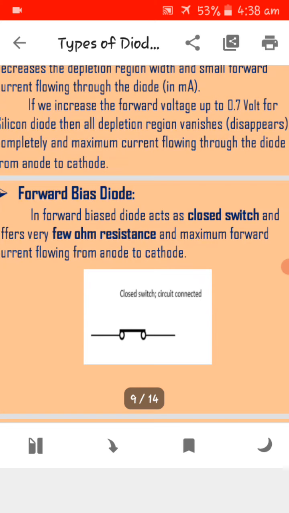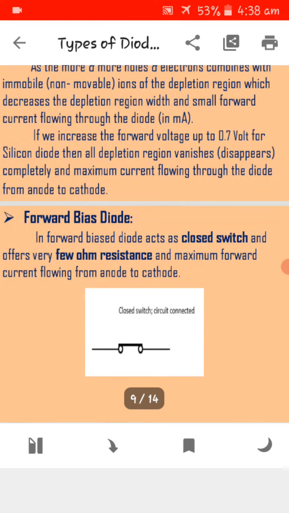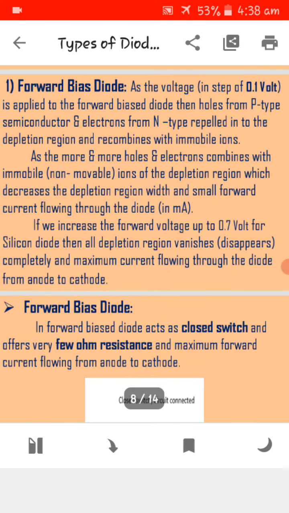This is the function of a switch. So when a diode is connected in forward bias mode, it acts as a switch and offers very low resistance. These are some characteristics of a diode.